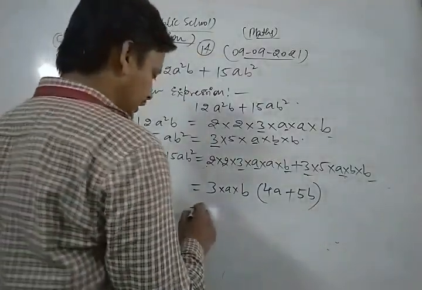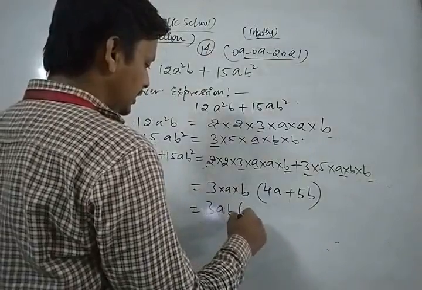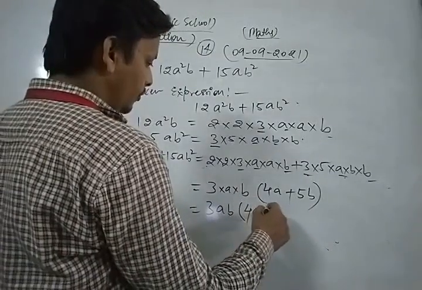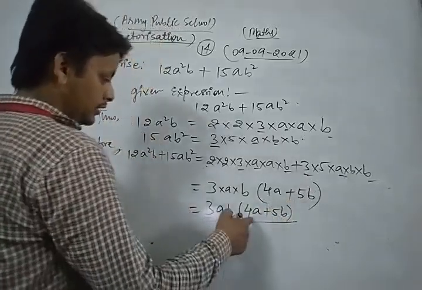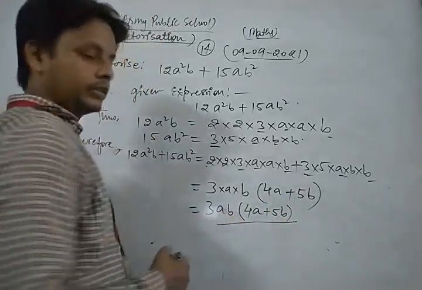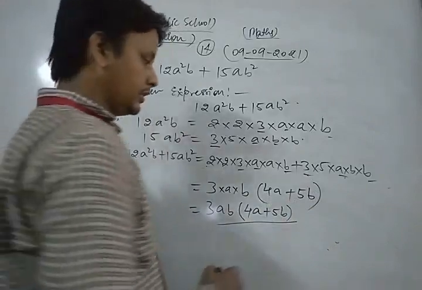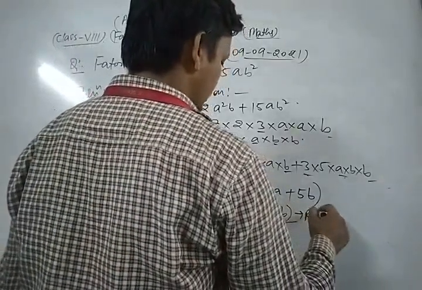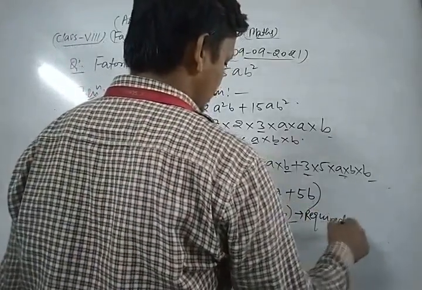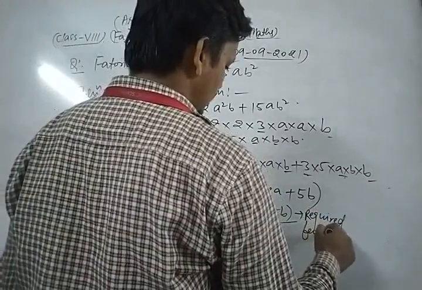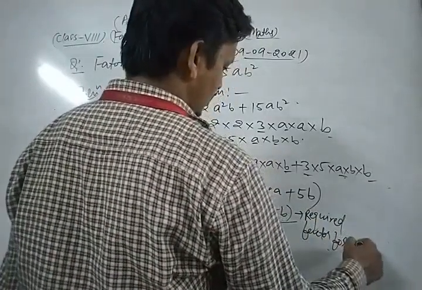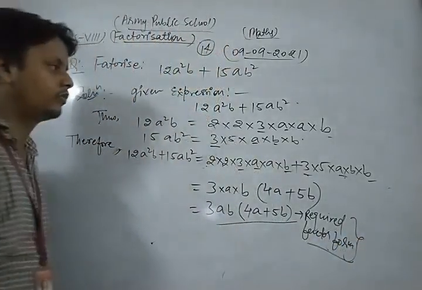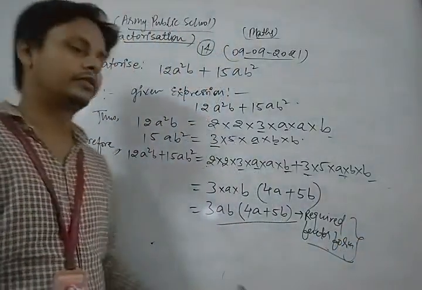So we can also write 3ab in bracket 4a plus 5b. This is the required factor form. Okay. So this is a very important question.